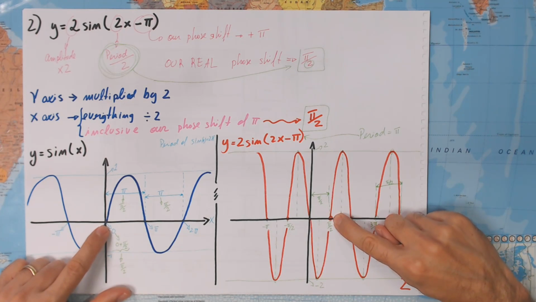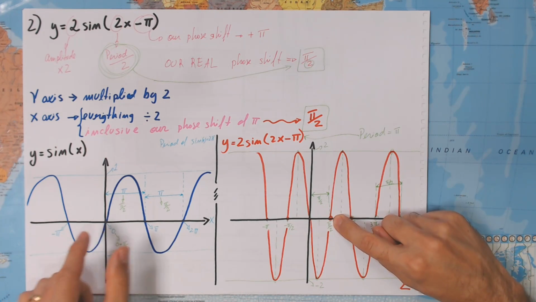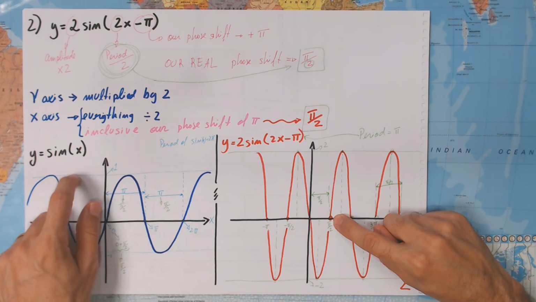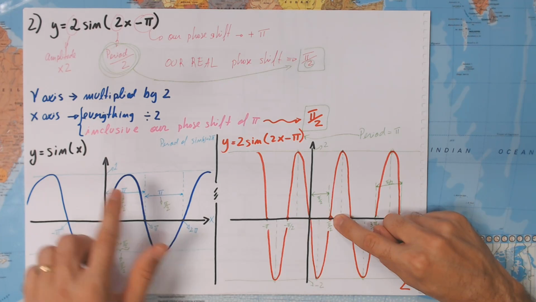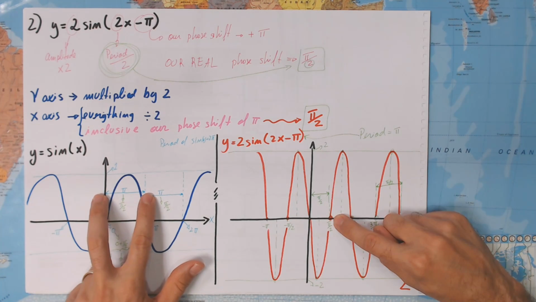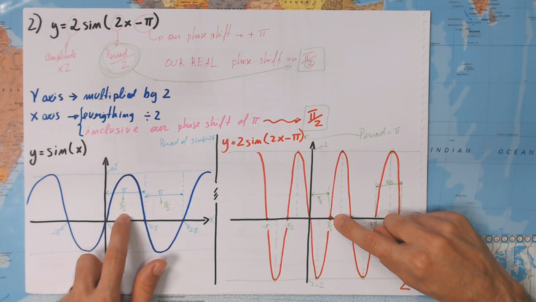Now, let's work onwards based on this point. We know that each half period is pi in here, but in here is just going to be half of that. So the blue length is pi, but the green length is going to be pi over 2.